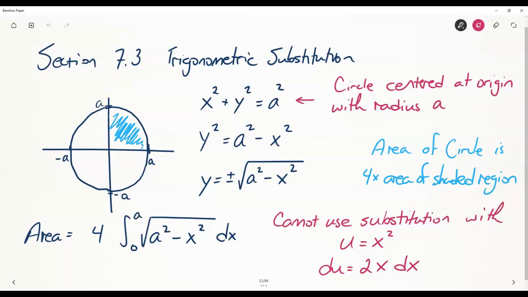You would need to let u be this entire radical, and du would just have to be dx, and you're not really going to make any progress there. So integration by parts isn't going to work. And this is clearly not a function of the form sine to a power times cosine to a power. We need something else. So this is the kind of problem that we're going to tackle tomorrow.